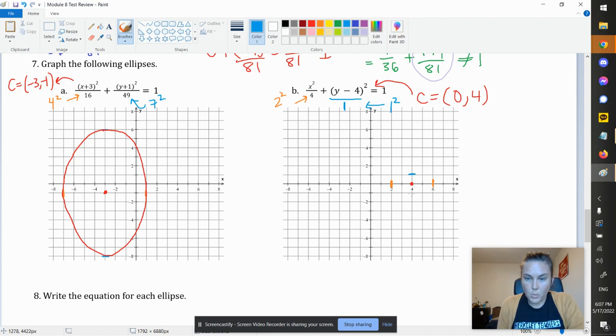So we'll end up going up 1 and down 1. And then connecting our dots. So again, if there's no number on the bottom, the number is secretly 1. And then 1 is 1 squared. So our minor axis is just 1 up and 1 down.